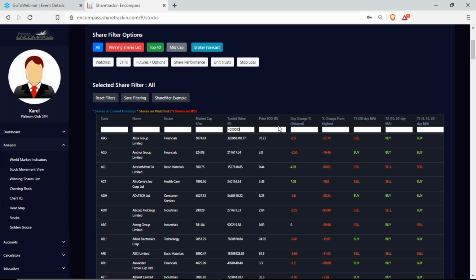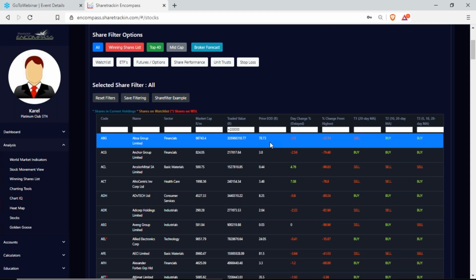Next, you have your price EOD, which is also in rands. EOD stands for end of day. So this is the share's closing price for the previous trading day. Like right now, tonight, the share closed on 78 rand and 73 cents.